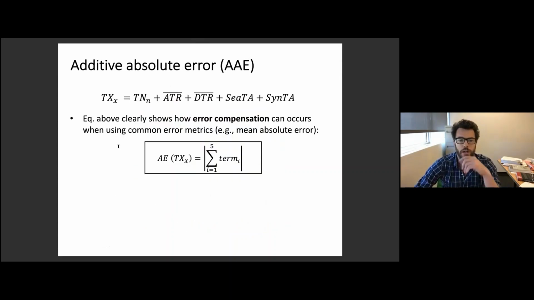And of course, with this equation, you can see very well how error compensations might play a role.